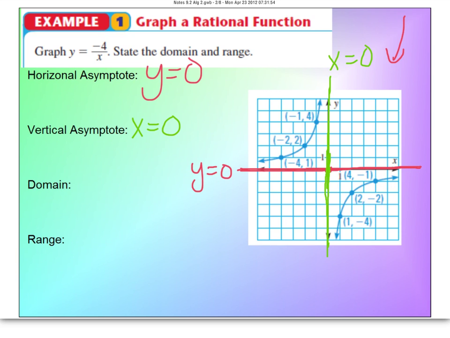Now the domain and the range. The domain, remember, goes with the x's. The range is with the y's. So we're going to see that this graph has activity from over here to over here.